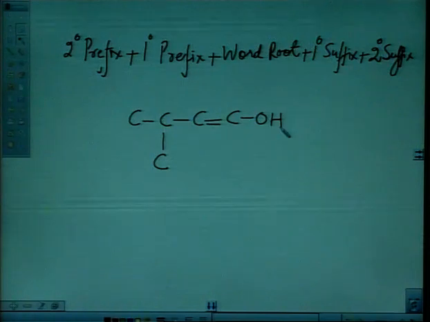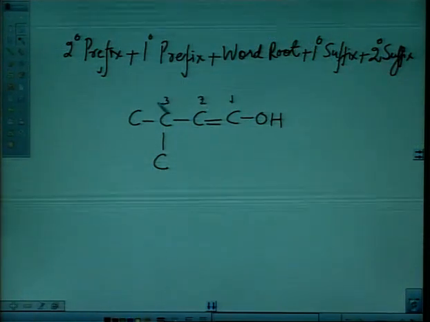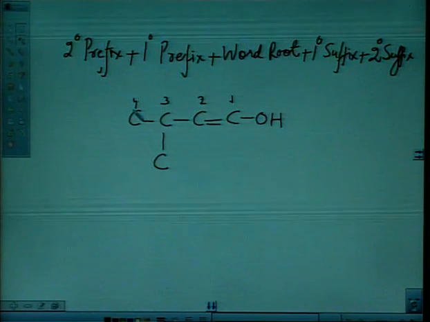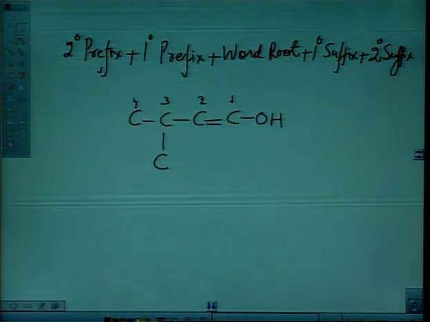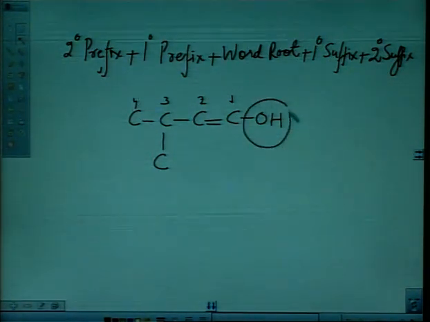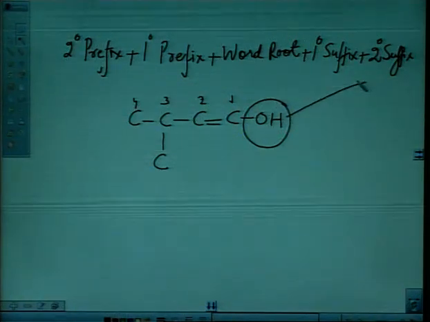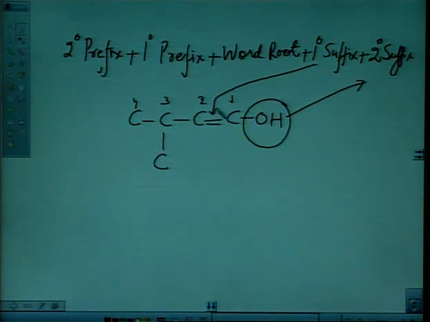So numbering is done. At carbon 1 there is a secondary suffix. The primary suffix is according to the double bond, and the word root is from the number.